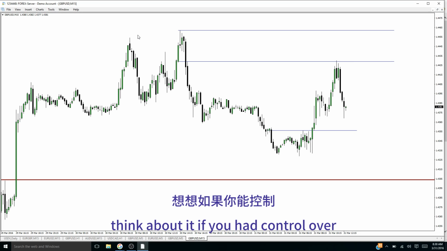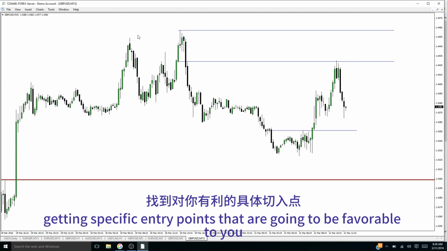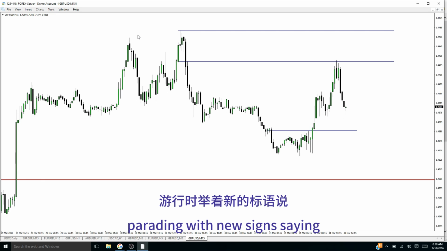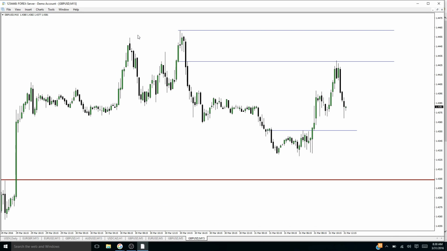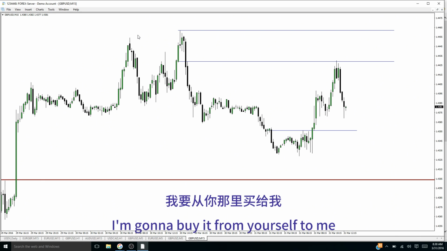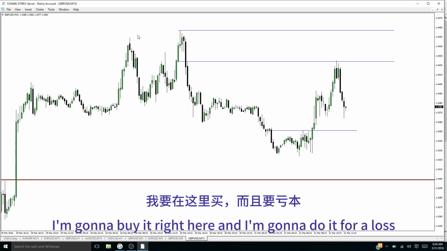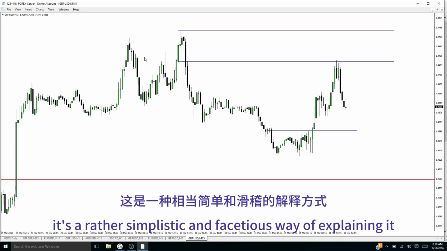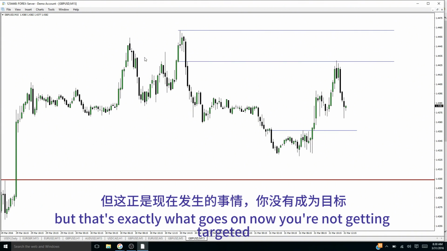If you had control over getting specific entry points that are going to be favorable to you, and you have a group of people walking around parading with signs saying, "I'm here. I'm gonna buy it from you. Sell it to me. I'm gonna buy it right here, and I'm gonna do it for a loss. I'm right over here, right here. Come on, guys, come up here." And it's a rather simplistic and facetious way of explaining it, but that's exactly what goes on.